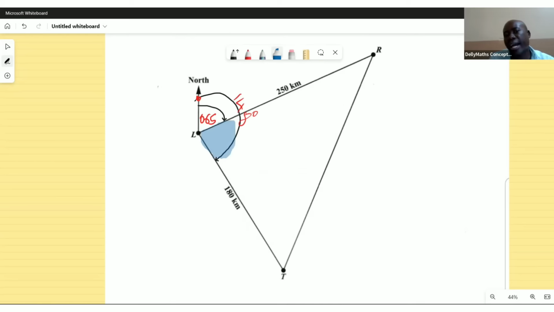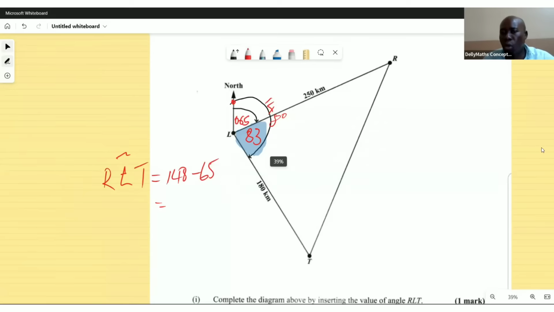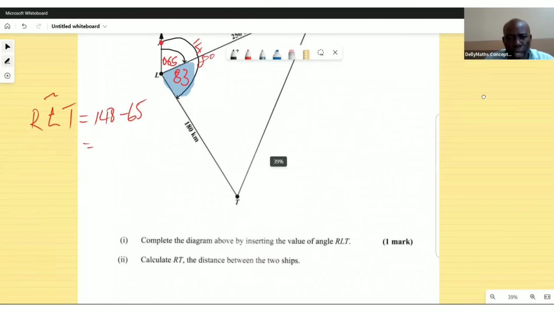So it's that angle in the triangle there, which means we have to find RLT by subtracting 65 from 148. You take your 148, take out the 65, and you're left with this angle in the triangle that they asked for. So now that we have done that, we have that going there.